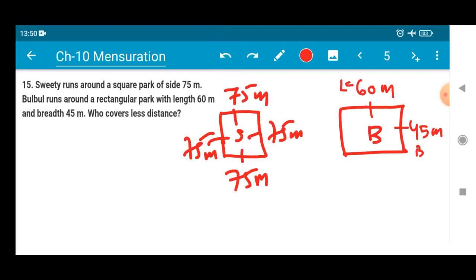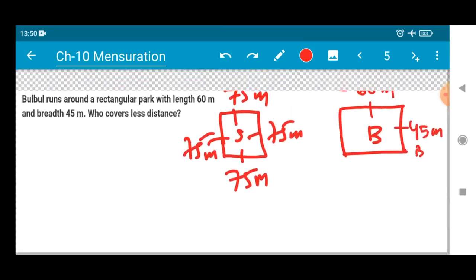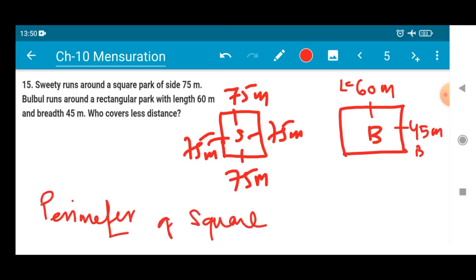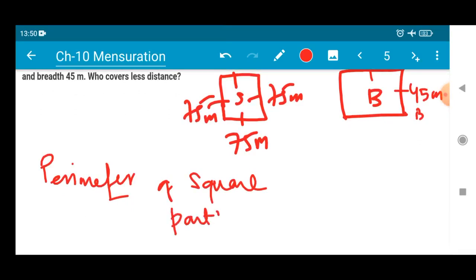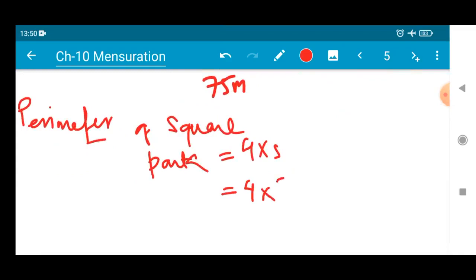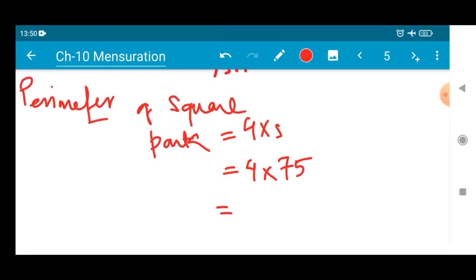So now you have to find who covers less distance. In order to find this, what we have to do is find the perimeter of the rectangular park and the perimeter of the square park. Okay, so let us find the perimeter of the square park first of all. Perimeter of square park will be equal to 4 into side is the formula, 4 into s. So 4 into 75 will be equal to 4 5s are 20, 4 7s are 28, 20 and 280 is 300 meter.